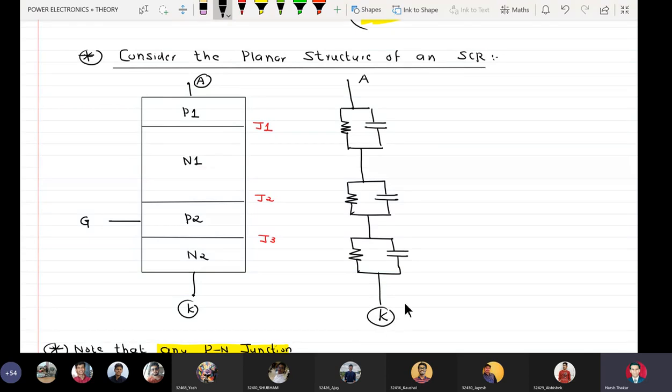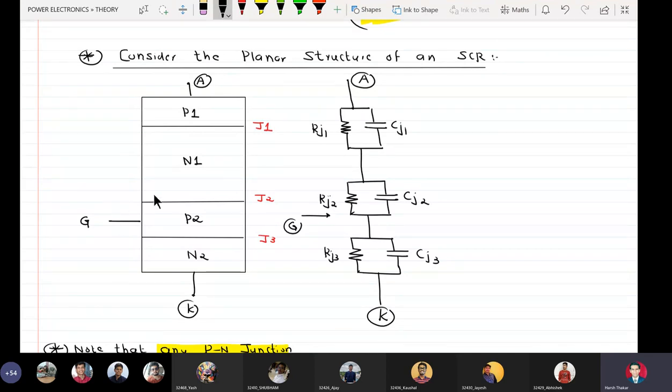Again we have the cathode here, anode here, and the gate here. Let us also write RJ1 CJ1, RJ2 CJ2, RJ3 CJ3.